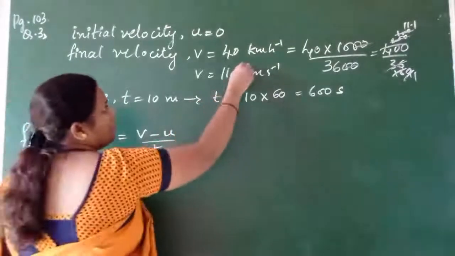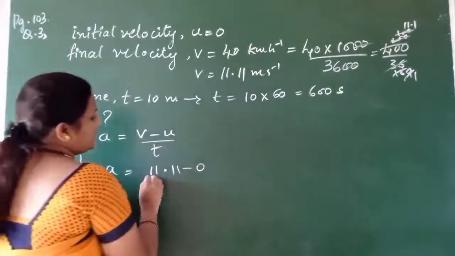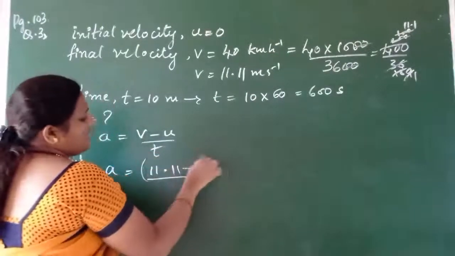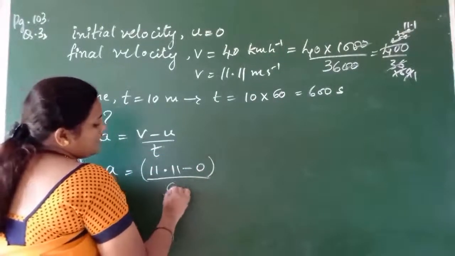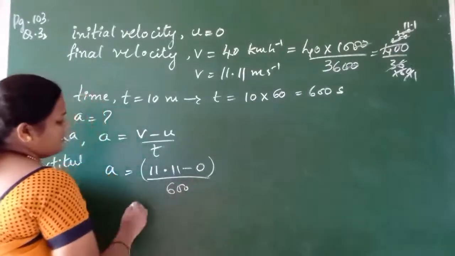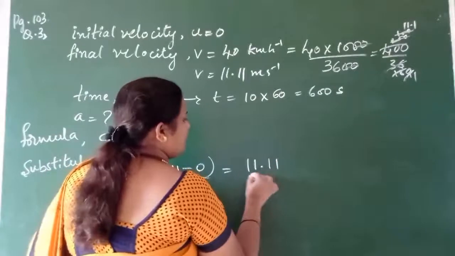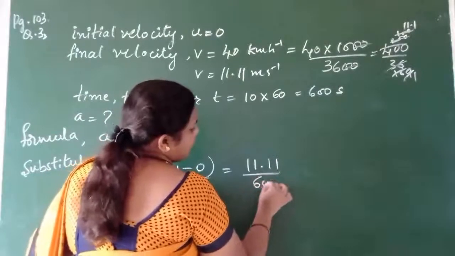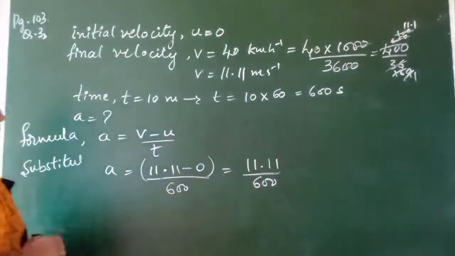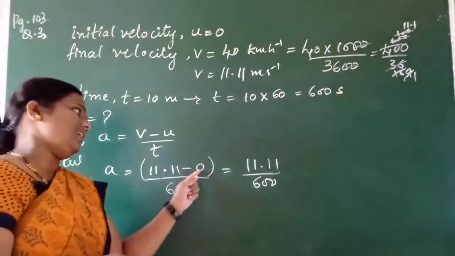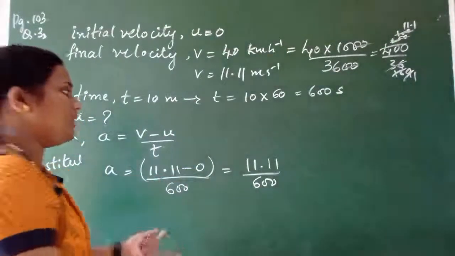It continues, no problem. Two digits you can take. Then what is the t value? 600. So which is equal to 11.11 divided by 600. Isn't it, children? Because 11.11 minus 0 means the same value you will get.